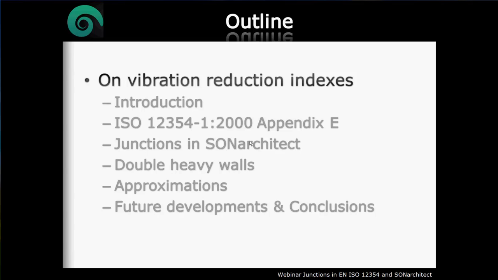Then we will see how the junctions are implemented in SONarchitect, and then we will go to some interesting points for most of the people, which are how the double heavy walls are treated, because there is not too much information in the standard for the moment. And then we will talk about approximations. How can we approximate cases that are not inside the formulas in Appendix E? And then maybe we can discuss a little bit about future developments and a few conclusions.